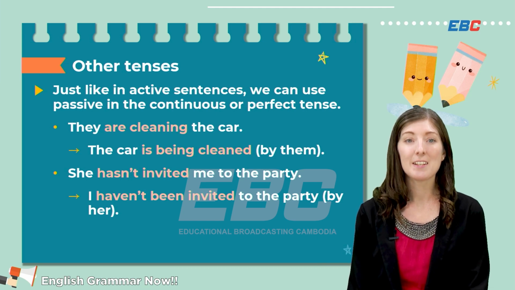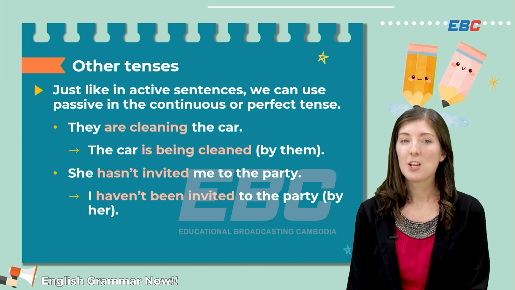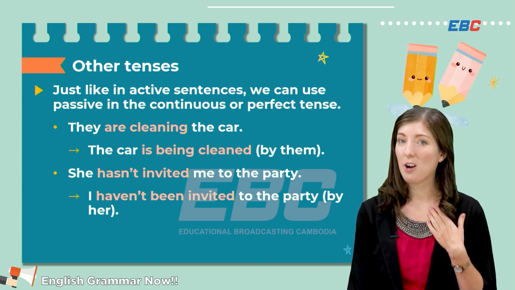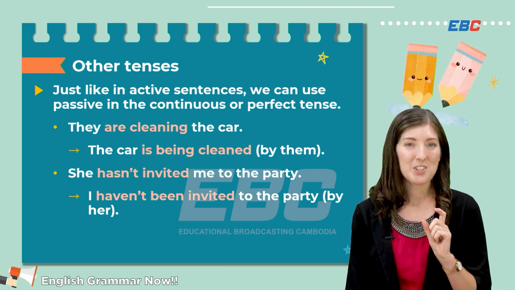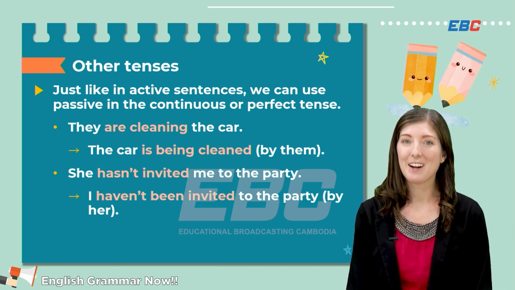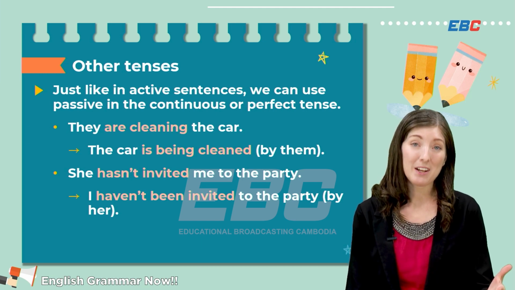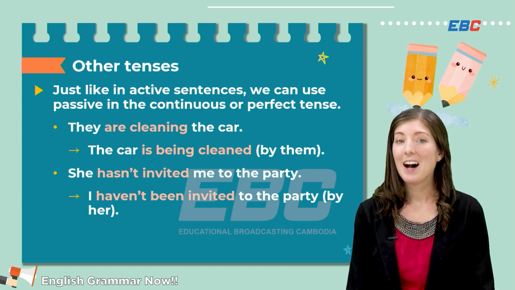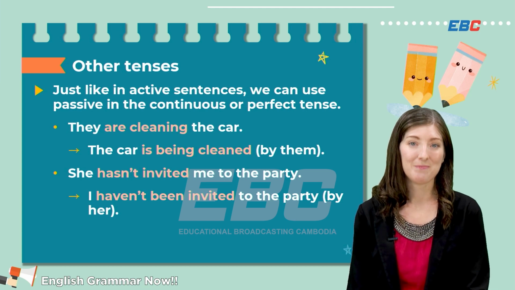The same thing happens for the perfect tenses. She hasn't invited me to the party. That's the active sentence. She is the subject. Me is the object. Now, the object me will change a little when it goes to the beginning of the sentence, because it's sort of becoming our subject now. We could say, I haven't been invited to the party.